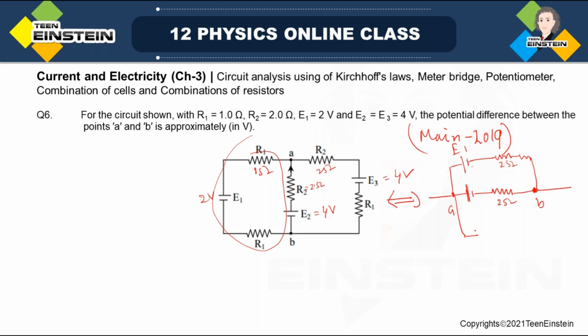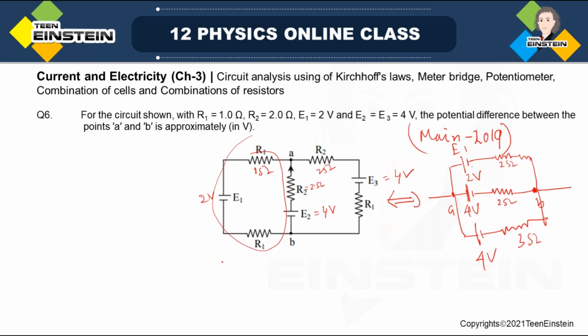You draw it here, and positive is with A. This is 4 volt, E3 is 4 volt. Then E2 is 4 volt, and E1 is 2 volt.